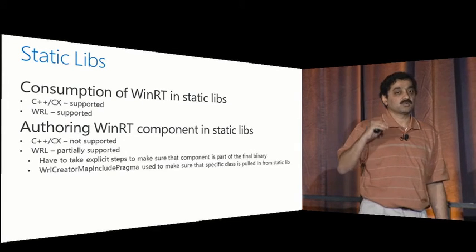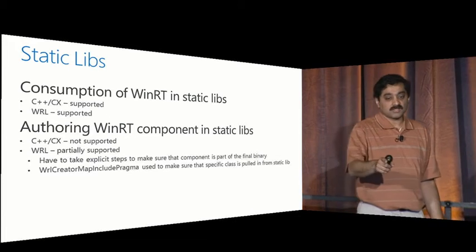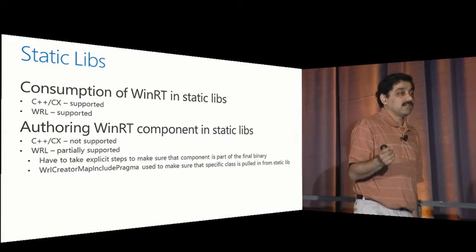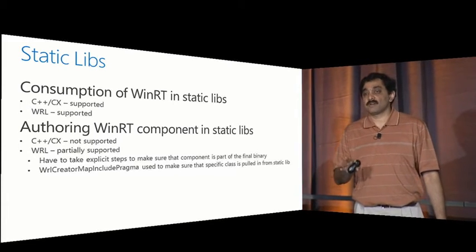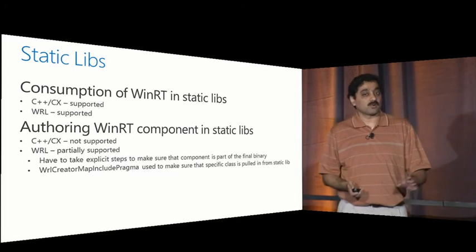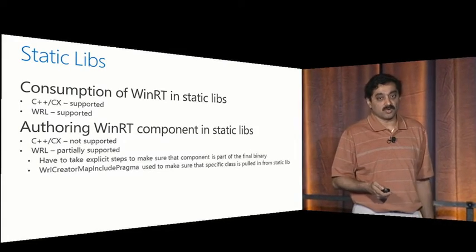By partially, I mean, yes, you can do this, but you have to take extra steps by using that macro on the last line to make sure that that OBJ gets pulled into your final binary. I don't want to go into the details of how static libs work because that will take its own one hour duration. If you have questions, I'll stay here and I can answer those in more detail.